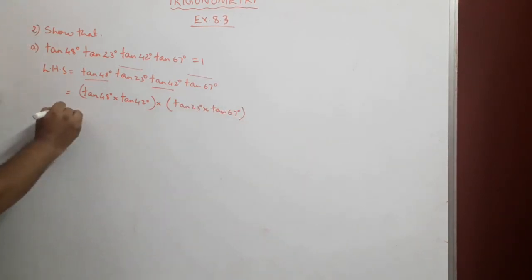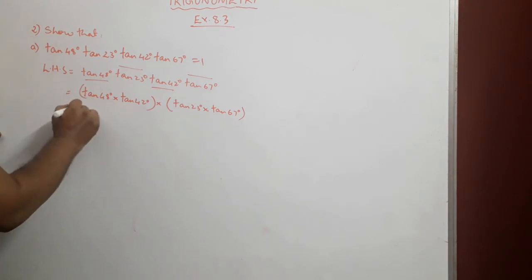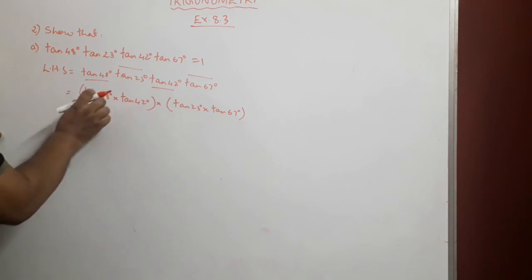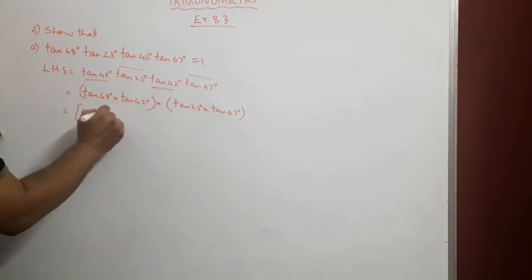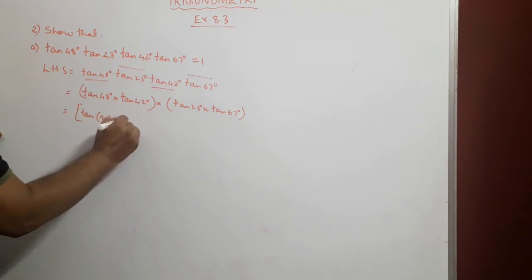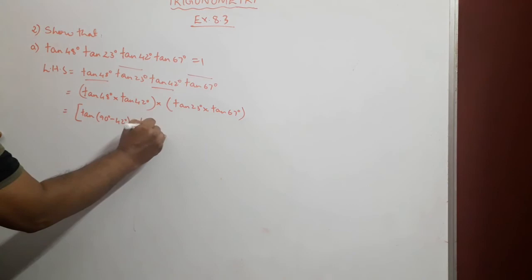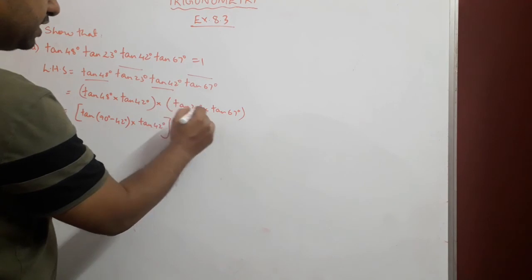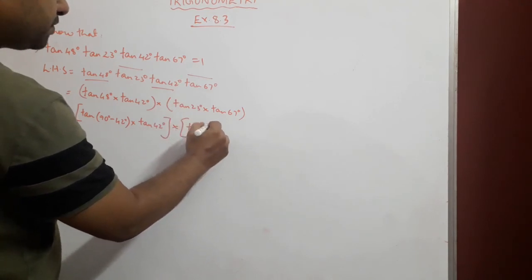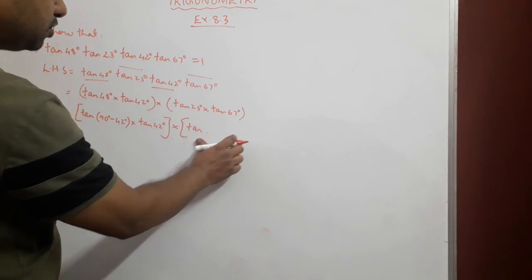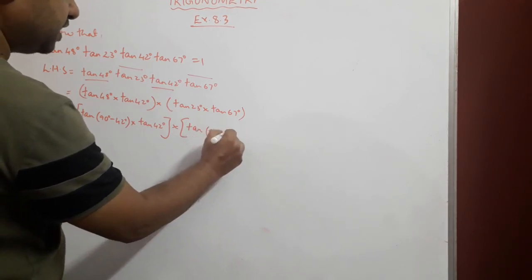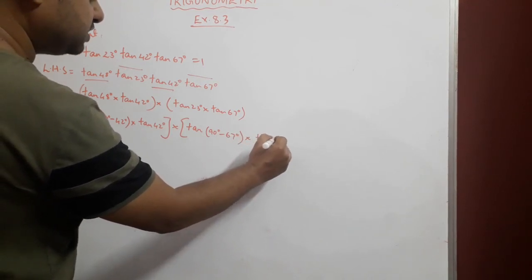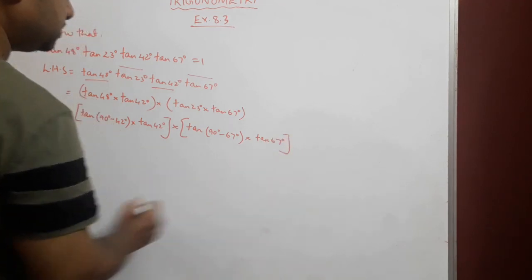So tan 48 can be written as tan of 90 degrees minus 42 degrees, into tan 42 degrees, and I'll put this in a bigger box bracket. And tan 23 I can write as tan of 90 degrees minus 67 degrees into tan 67 degrees, and I close it with a box bracket.